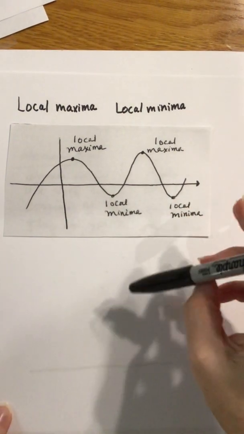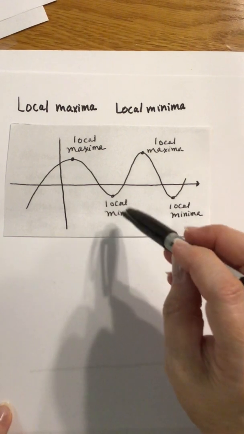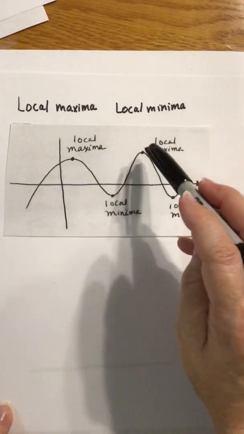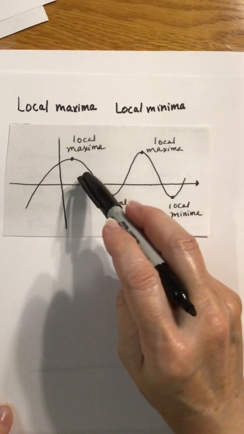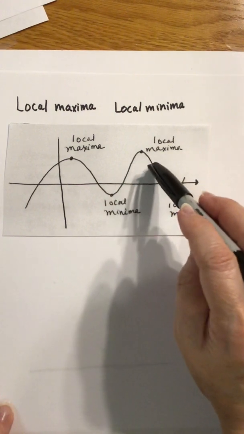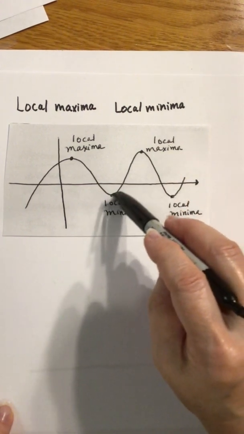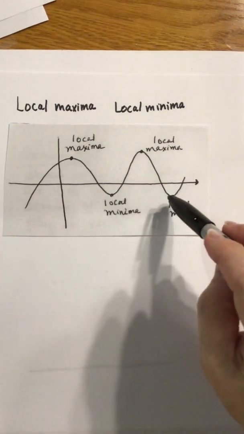Basically all we're saying for local maxima and local minima is the high points. So you've got a high point here and you've got a high point here. Localized kind of is what we're talking about when we say local. It's within that particular area. Between this particular area you have a high point. Here we have a low point, so there would be the minima, and here's another low point, that would be a minima.